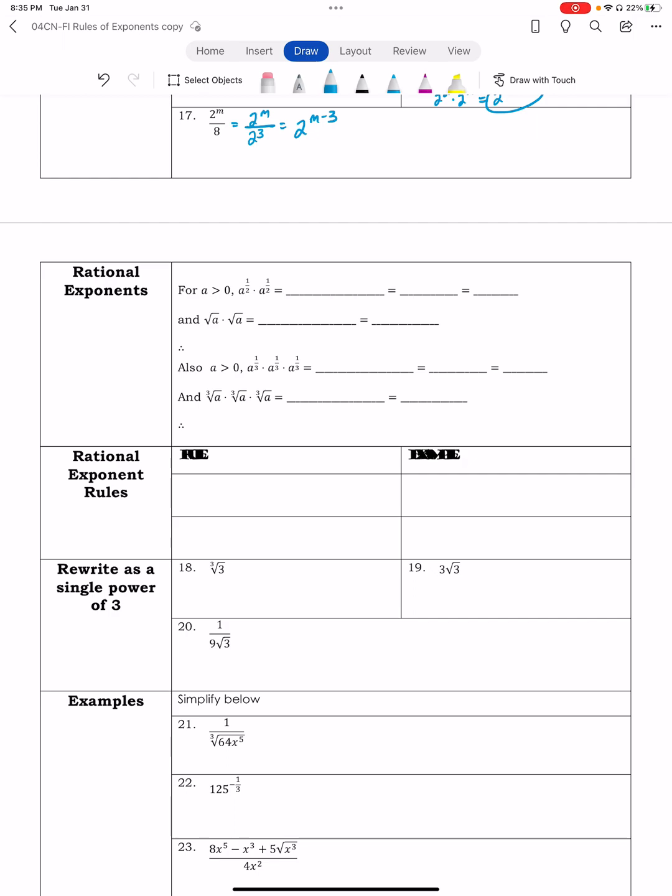So if I have a to the 1/2 times a to the 1/2, that's going to be a to the 1/2 plus 1/2, which is a to the 1st power, which is just plain old a. So the same thing is true for this. If I have radical a times radical a, that is going to be radical a squared, which is just plain old a.